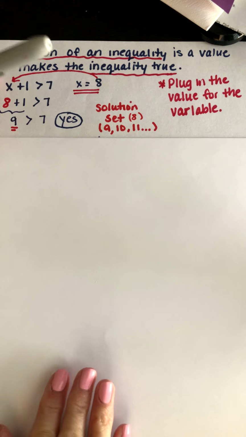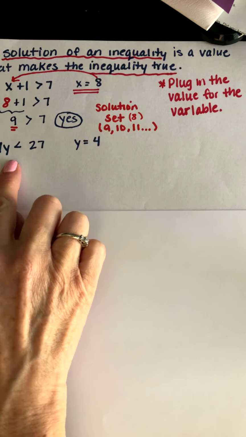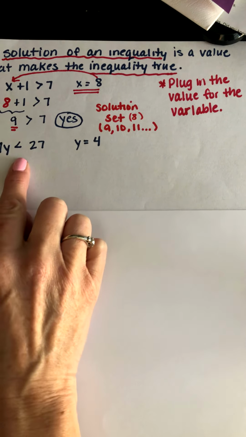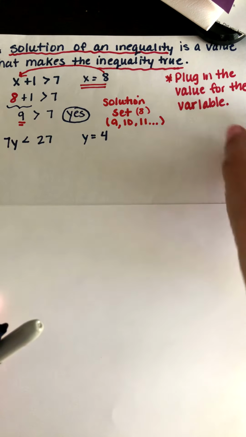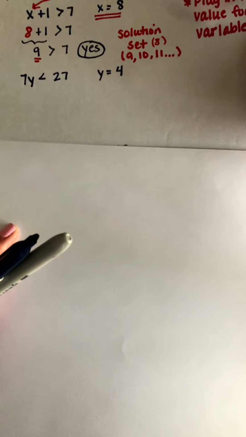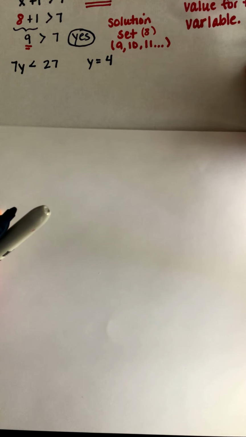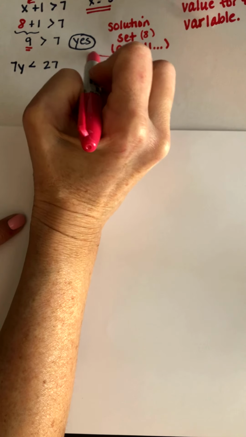Let's try another one. We have 7y is less than 27. Now we're going to plug in, it says y this time equals 4.